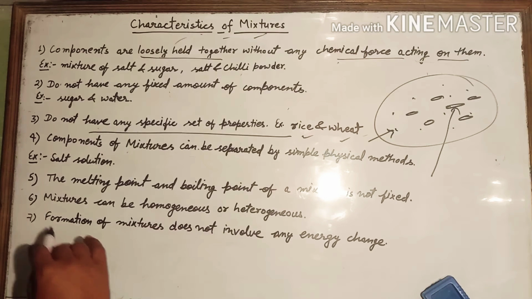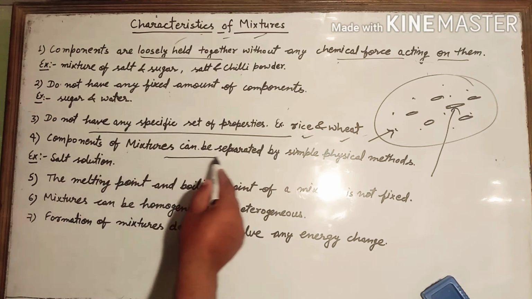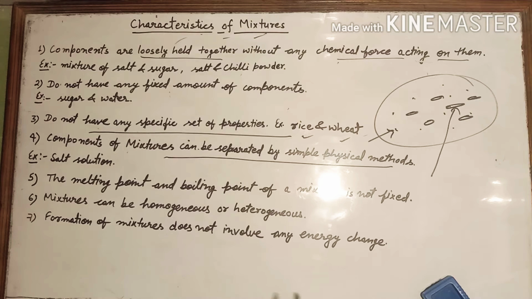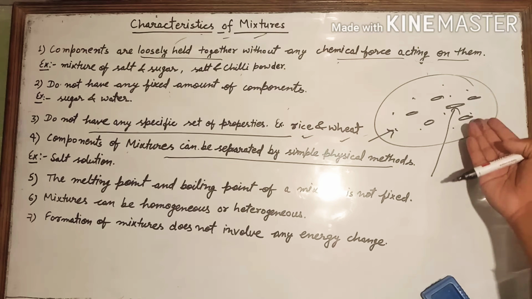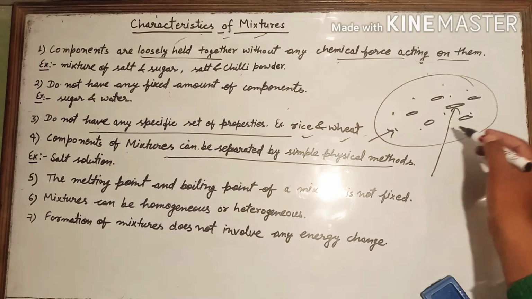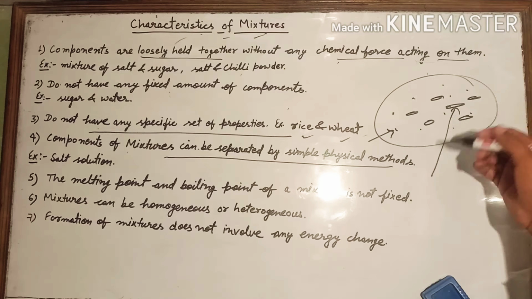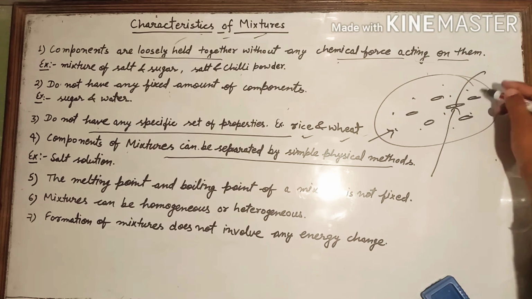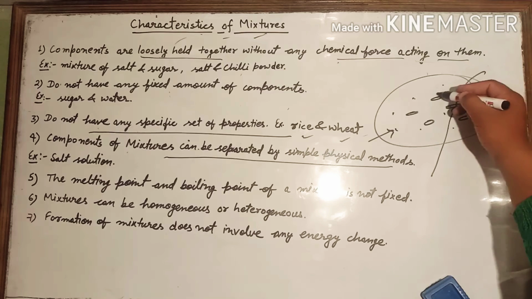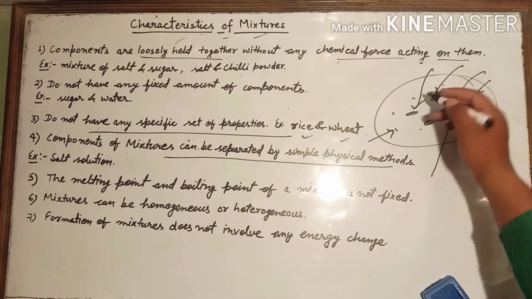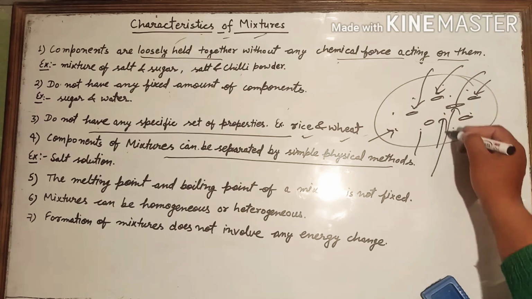Now come to the fourth point: components of a mixture can be separated by simple physical methods. Suppose we are separating this rice and wheat by hand picking, we can separate the components of wheat and the components of rice.